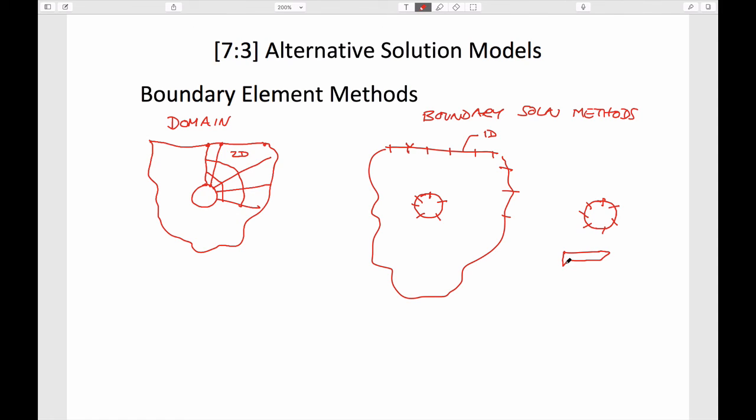As with everything, they have positives and negatives. The domain methods have the drawback that you have to mesh throughout the body, and that may make a lot of nodes and elements, and that may make you a very large matrix.